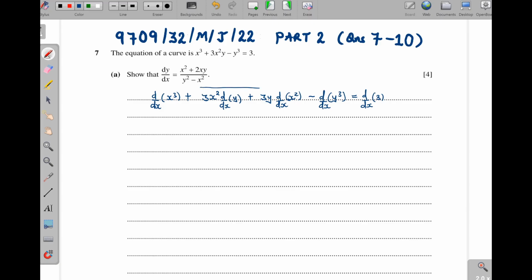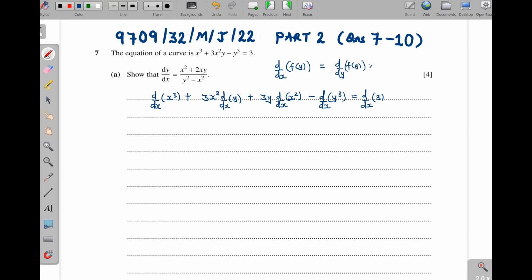Now here, we are using product rule, okay? Also, one thing you need to know is that when you are differentiating a function of y with respect to x, since y is a variable, then we shall differentiate that function first with respect to y.